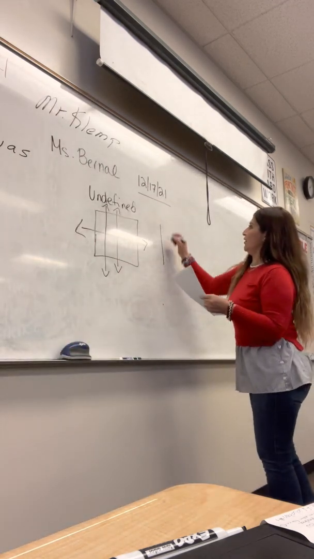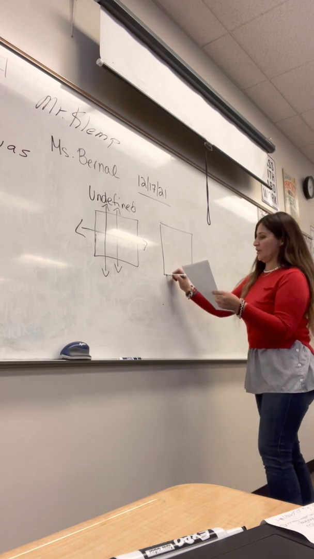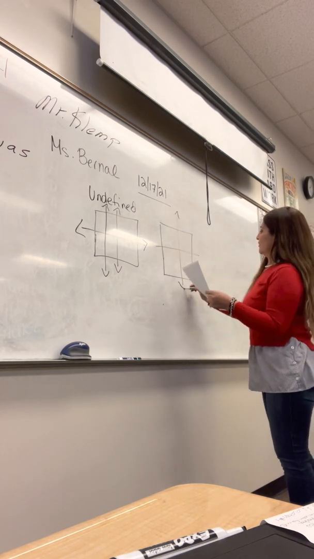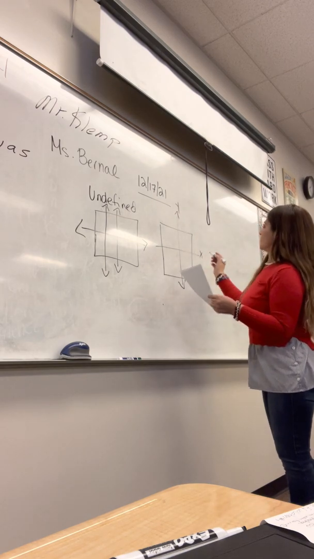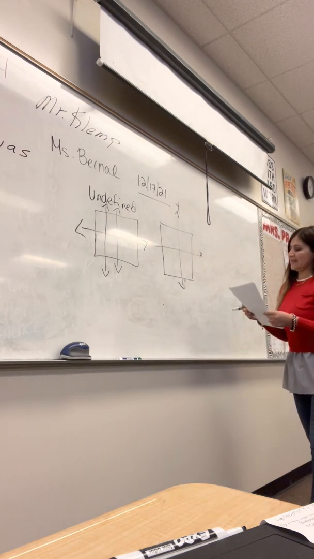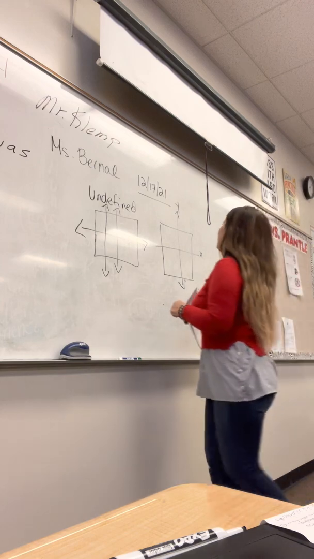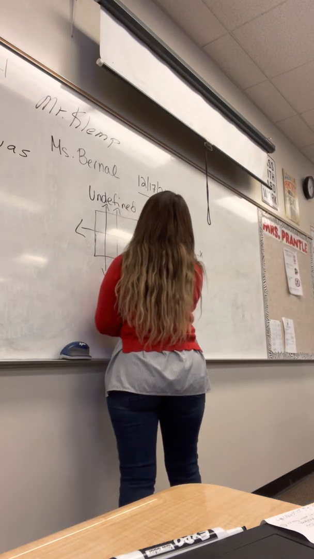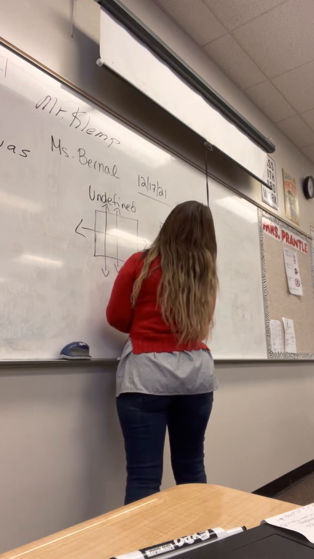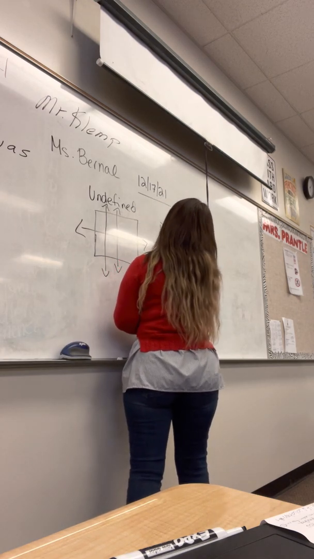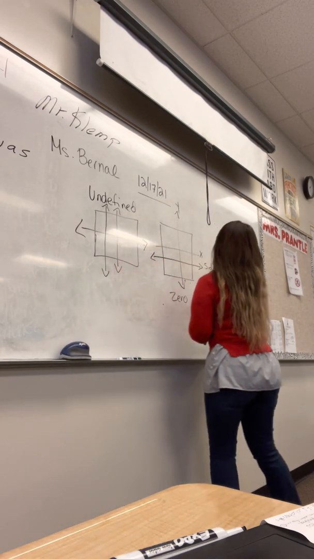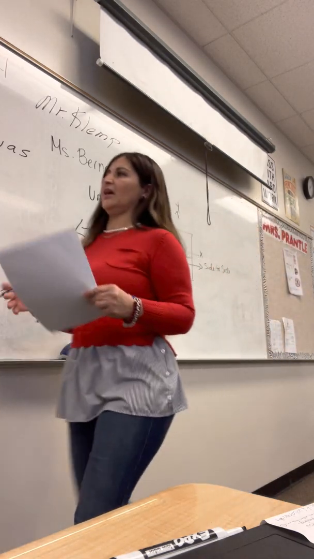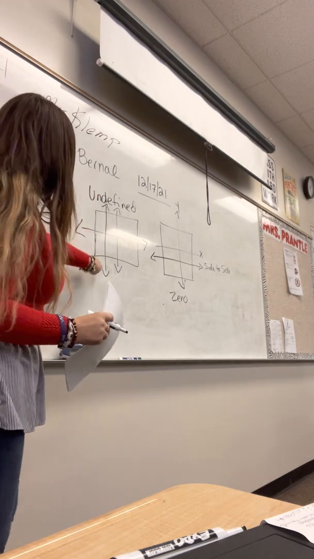And another example that I wanna go over with you guys is y equals something, when the slope is 0, okay? The line is going to look like this, right? Side to side, okay? 0 and undefined, okay?